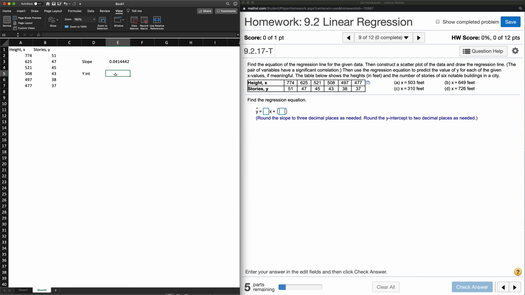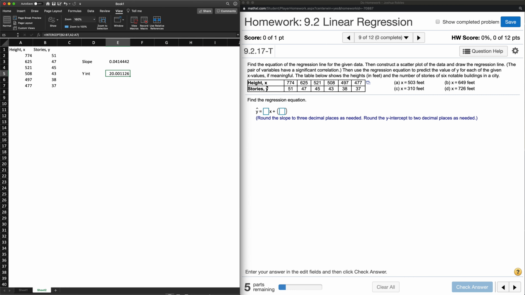The y-intercept is a somewhat similar named formula called intercept. So this is all for linear regression. You give it the y values and then the x values. So our y-intercept is 20. That would mean if our x value is 0, y would be 20. And here, and oftentimes, the y-intercept doesn't have too much practical purpose.